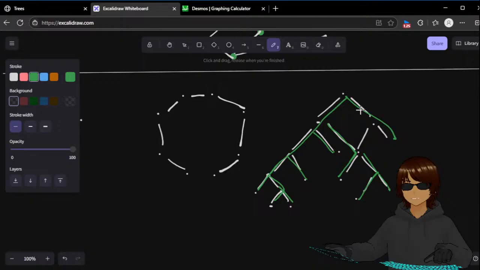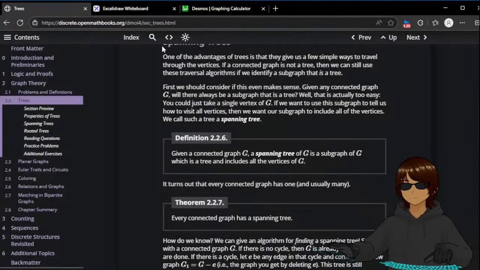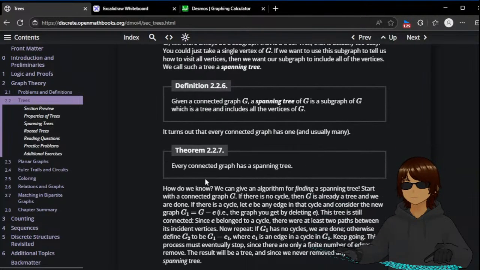It includes all the vertices. Nice. Turns out that every connected graph has one. Every connected graph has a spanning tree.